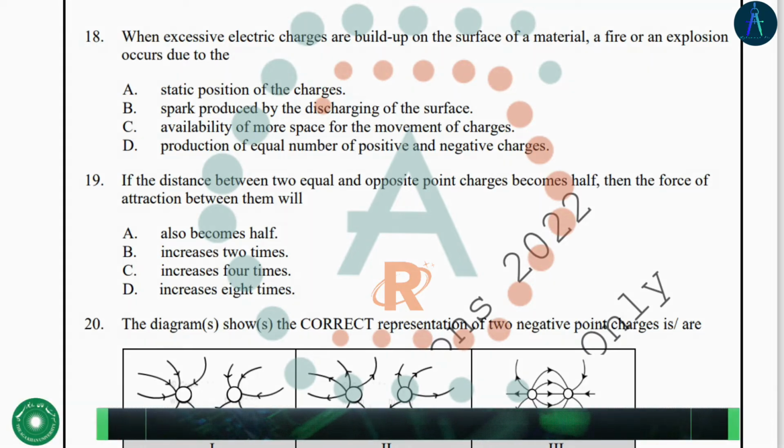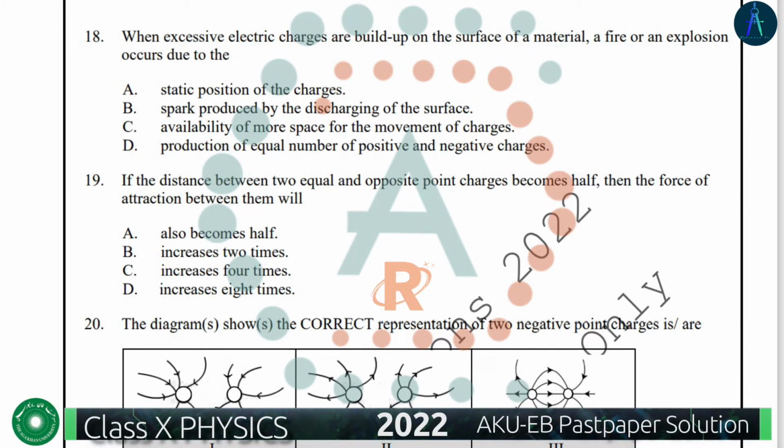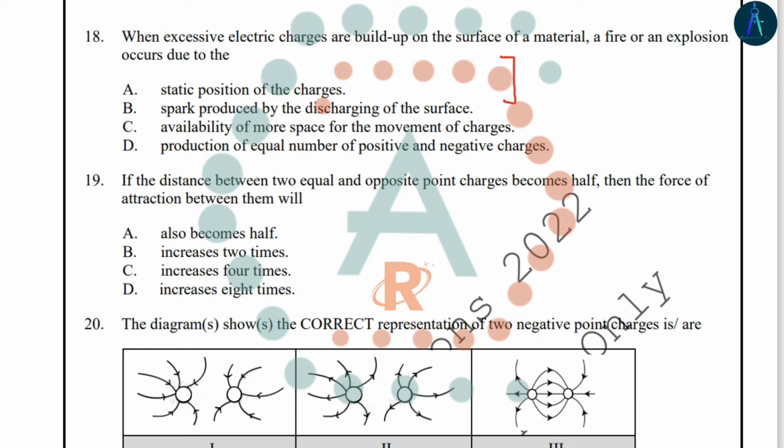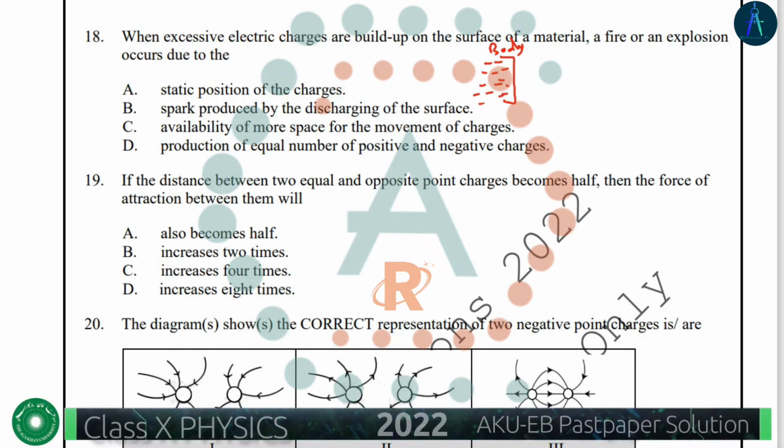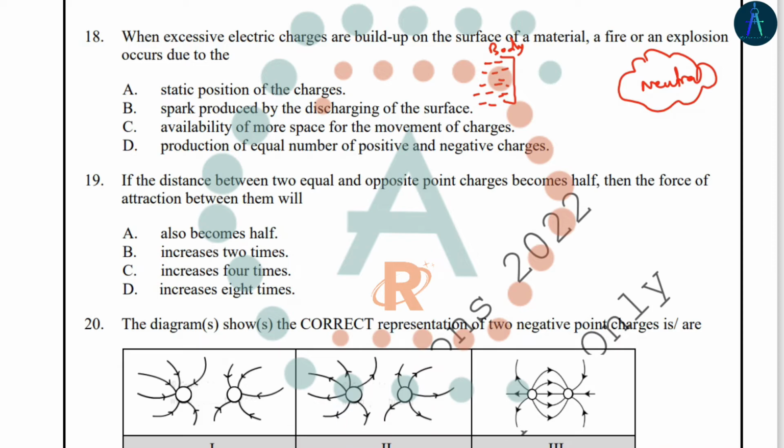Let's see question number 18. When excessive electric charges are built up on the surface of a material, a fire or explosion occurs. Whenever a body gets excessive charge, let's say this body has got excessive negative charge, and we have a neutral body near it, this charged body will induce the neutral body near to it.